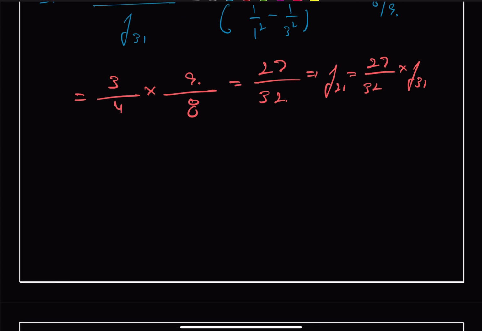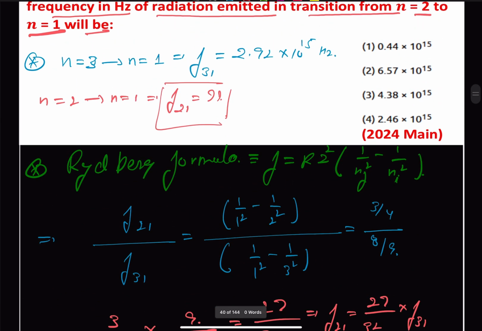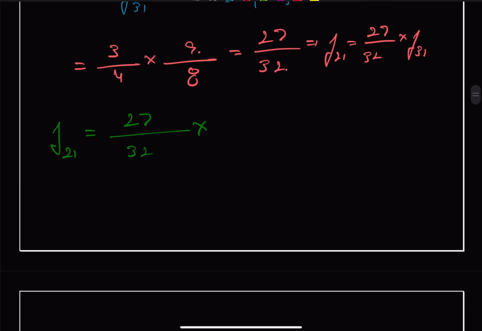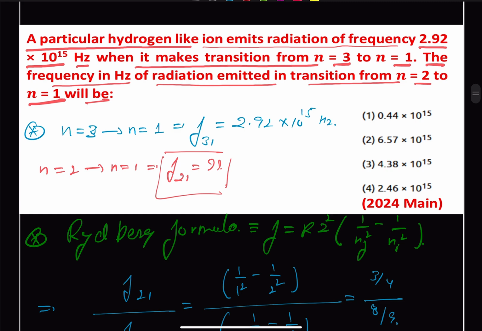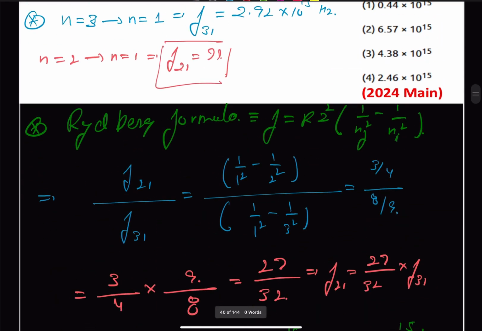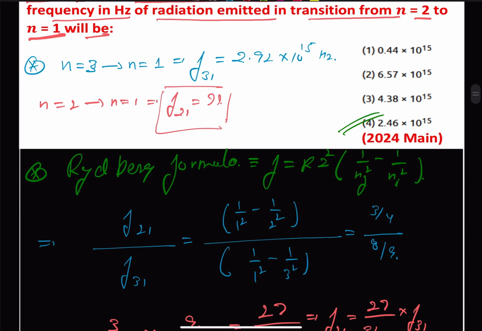Therefore we get our f21 is equal to 27/32 times f31, which is 2.29 into 10 raised to power 15, and this comes approximately as 2.46 into 10 raised to power 15 hertz. And so 2.46, option D is correct.